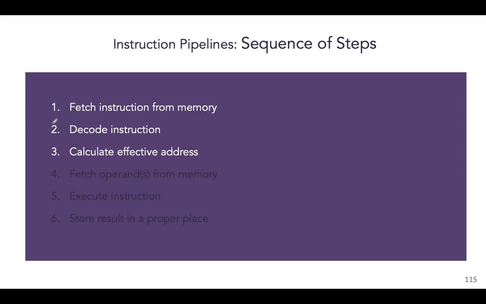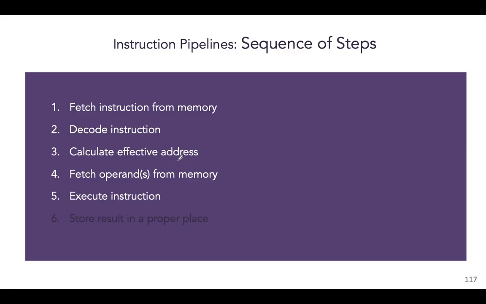The third step is to calculate the effective address of the operand. The fourth step is to fetch these operands from memory now that we have the effective address. The fifth step is to execute the instruction. So now that we know what the instruction is actually telling us to do, plus we have the operands, we can execute the instruction. And the final step is to store the results of the execution in a proper place.